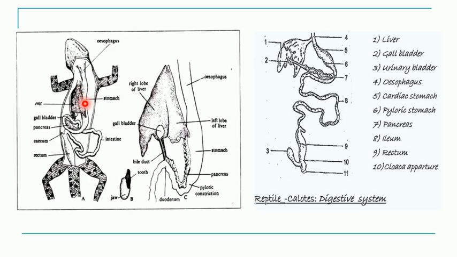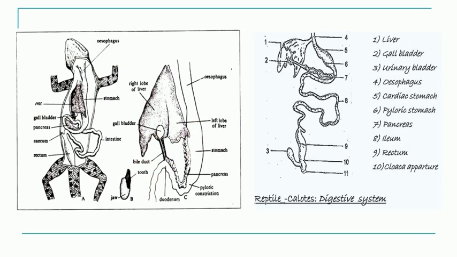Then the stomach will lead into the small intestine, from which it will lead into the large intestine, and ultimately into the cloaca, finally opening into the rectum. And there are different associated digestive glands, like the liver, which is bilobed, pancreas, gastric glands, as well as intestinal glands.